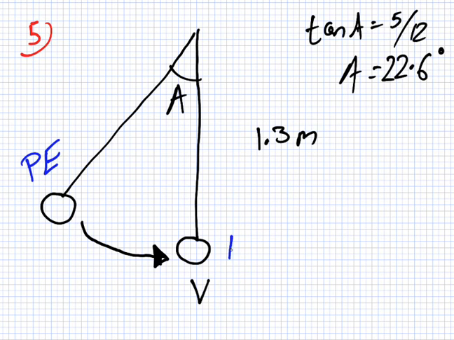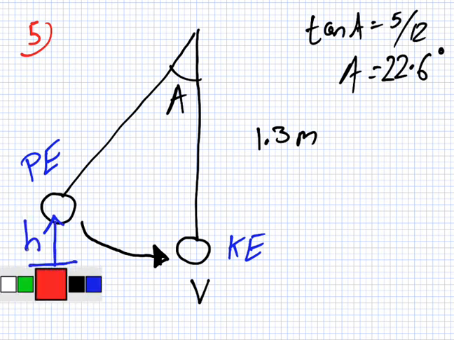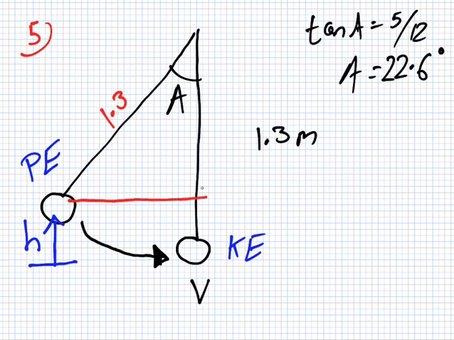So now we need to find the height. If this here is 1.3, then this is 1.3. This piece here is 1.3 cos A. What's that, please? 1.2. Perfect. So then how big is the H? Yeah, 0.1, because this is here to here, 1.2.